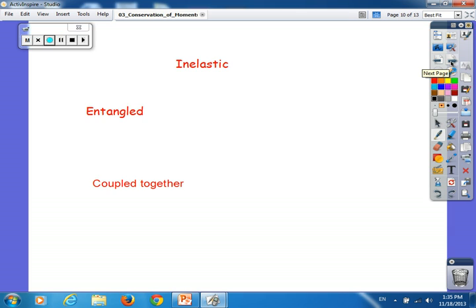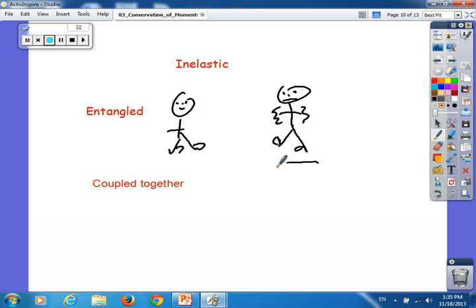If you become entangled, we've got a classic situation. This guy running at that guy, he's going to the right. You have the before, and the after is what?